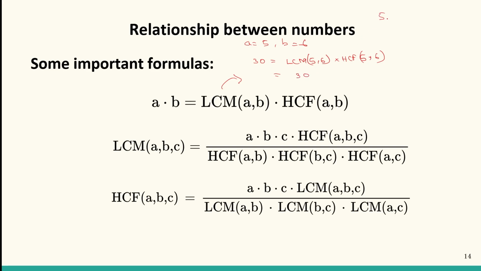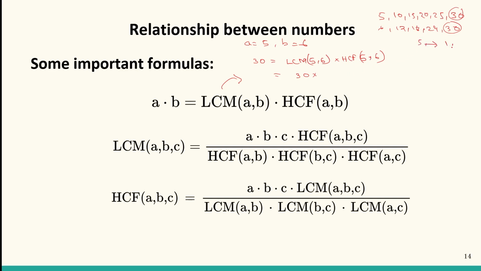We can find it: 5, 10, 15, 20, 25, 30. And for 6, we can do 6, 12, 18, 24, 30. So the least is 30, you can see here. That is why LCM of 5, 6 is 30, into HCF of 5, 6. For the highest common factor, what are the factors of 5?